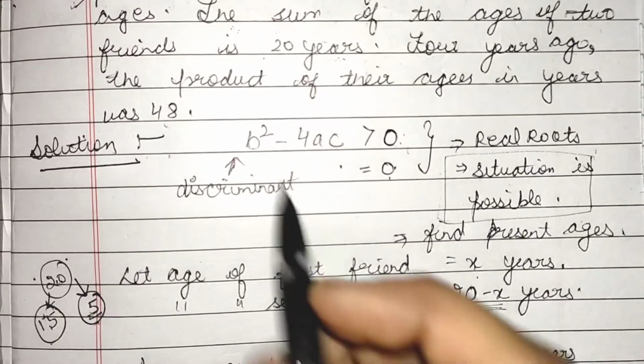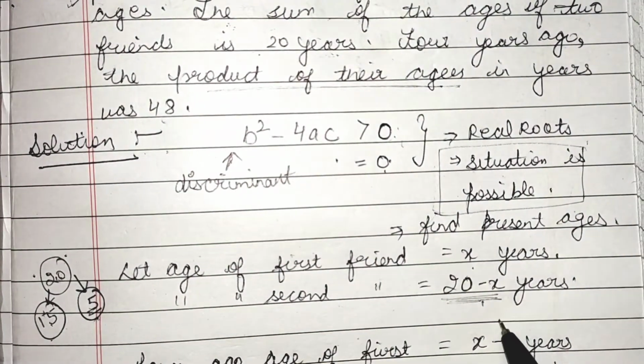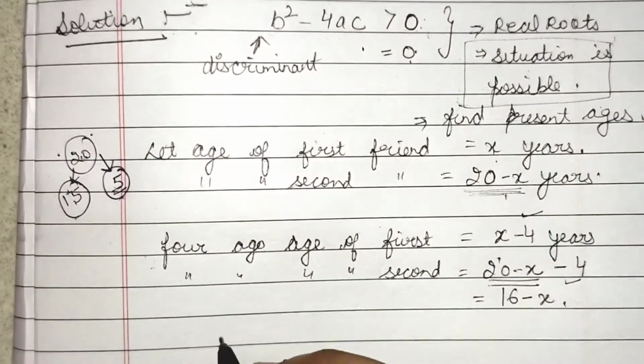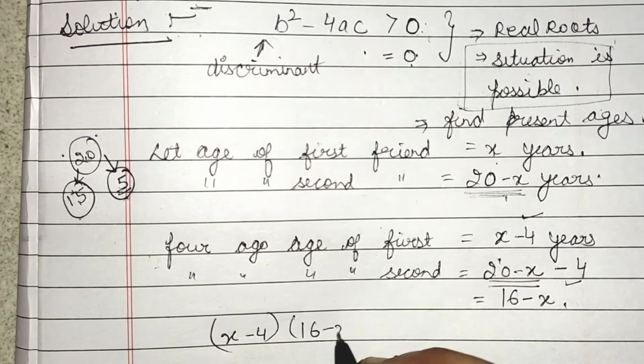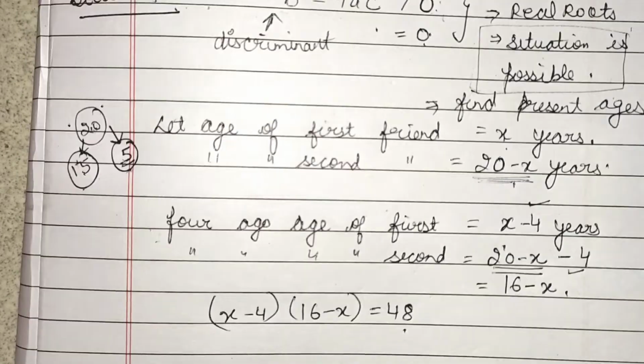The product of their ages was 48. So according to the given condition, (x minus 4) into (16 minus x) is equal to 48.